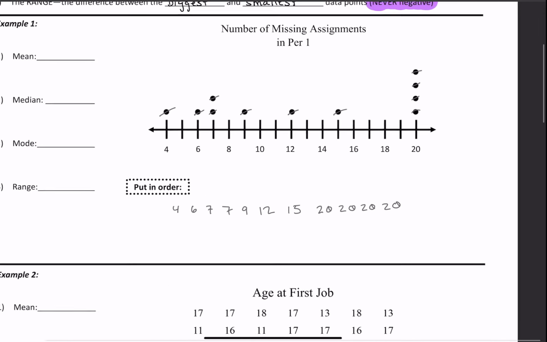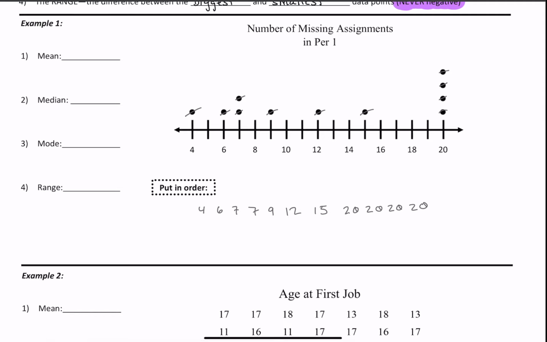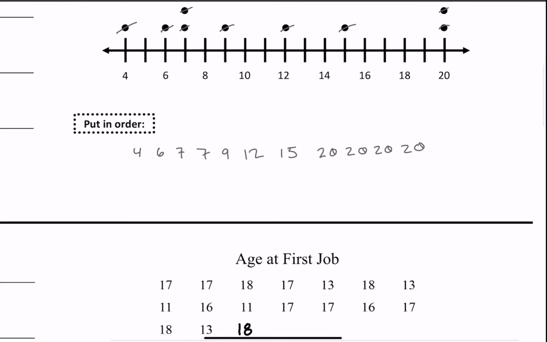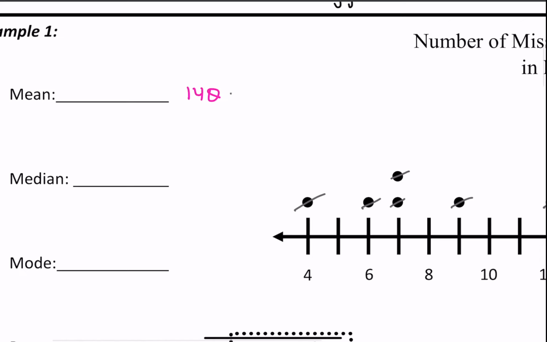Okay. So first, let's find the mean. So again, if I find the mean, I'm going to add all these numbers together. And when I do, I get 140. And then there are 1, 2, 3, 4, 5, 6, 7, 8, 9, 10, 11 numbers. So I'm going to divide by 11.